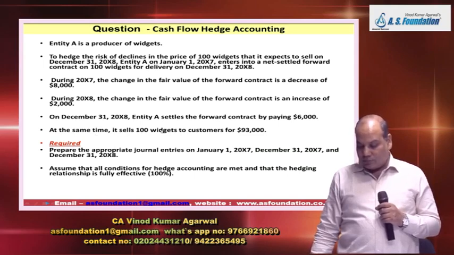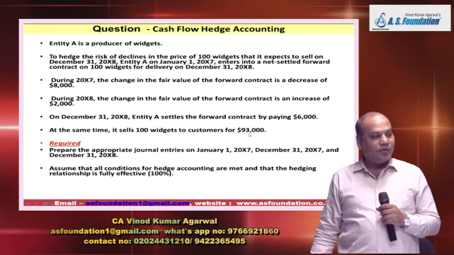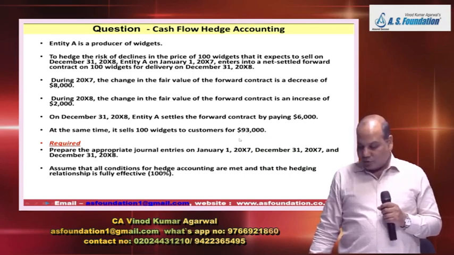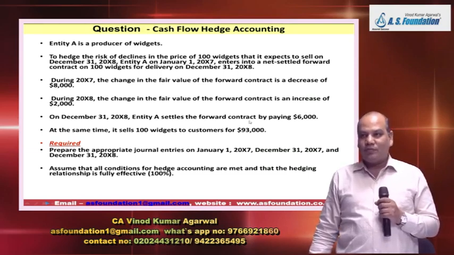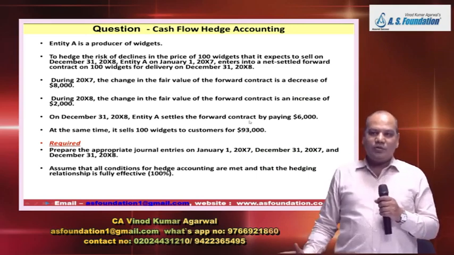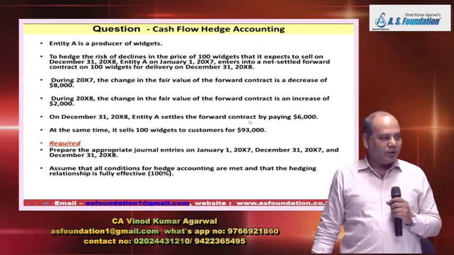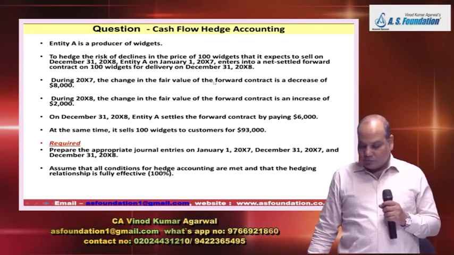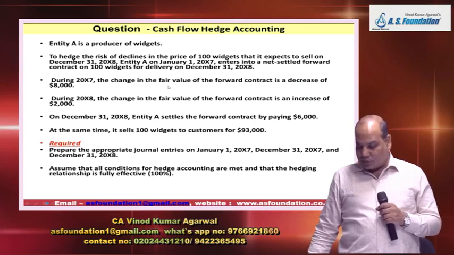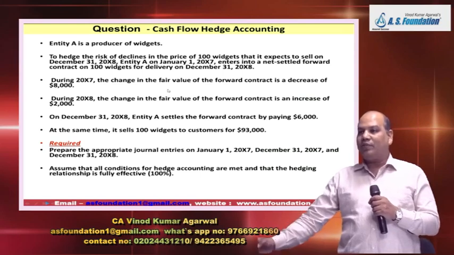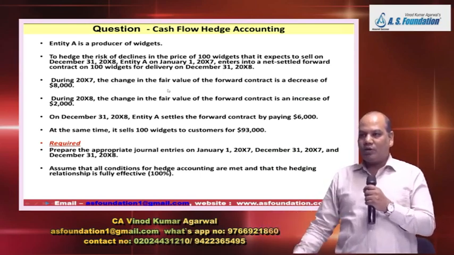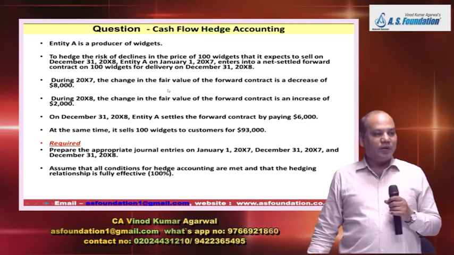At the same time, it sells 100 widgets to a customer for $93,000. So when was the sale recognized in the P&L account? 31st December 2018. So we will transfer the balance in the OCI reserve to the P&L account in the same year, when the sales will be recognized. Your entry this year would be OCI reserve account debit to derivative liability account, or forward contract account, because the contract has become unfavorable.